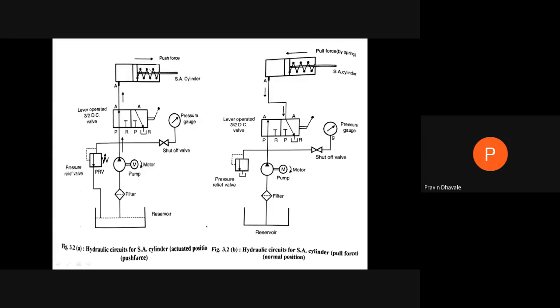In the input elements there are the pump, pressure relief valve, and pressure gauge, and in the control element there will be a control valve, a direction control valve. Means any kind of hydraulic system must go through these three parts: the inlet or pressure generating element, the controlling element, and the output element.